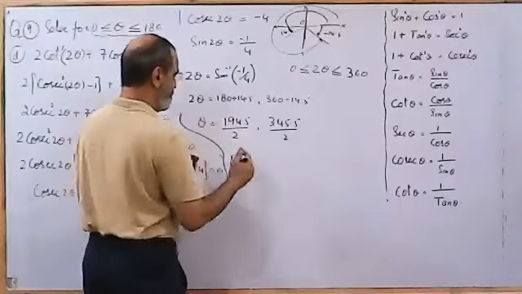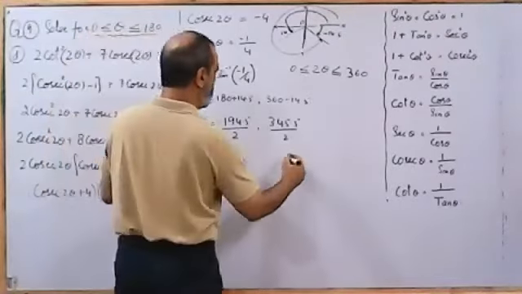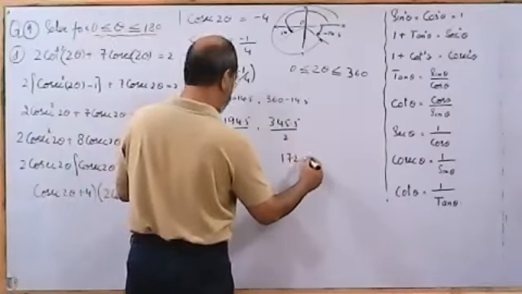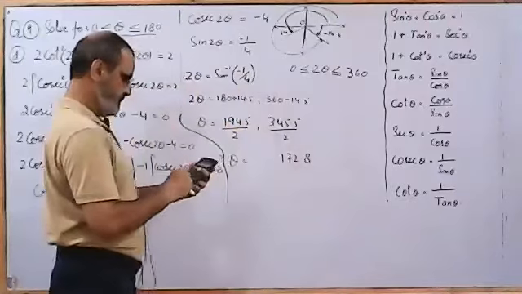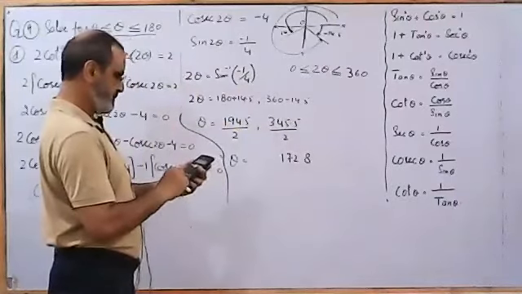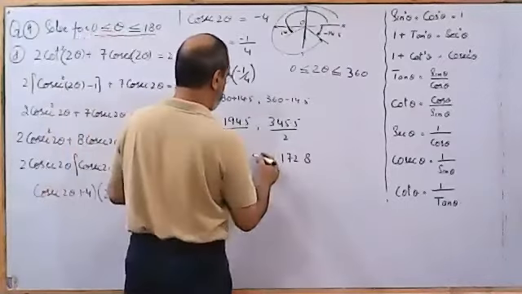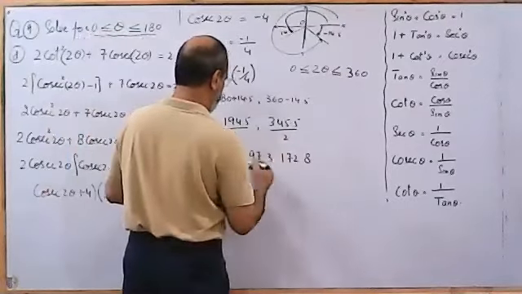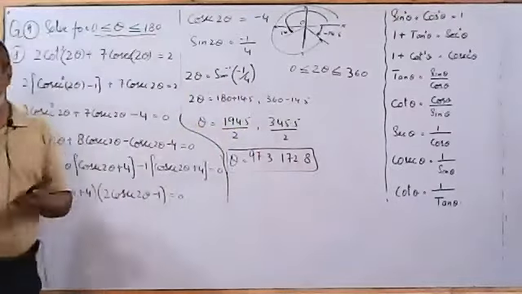So theta is equal to 97.3 and 172.8. These are the two values of theta we got from the first factor.